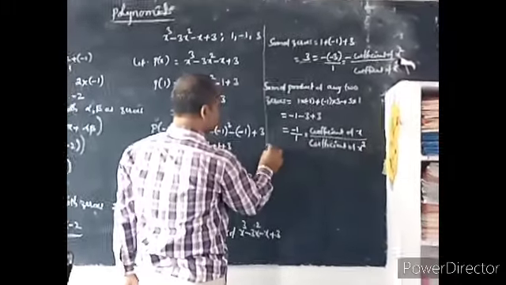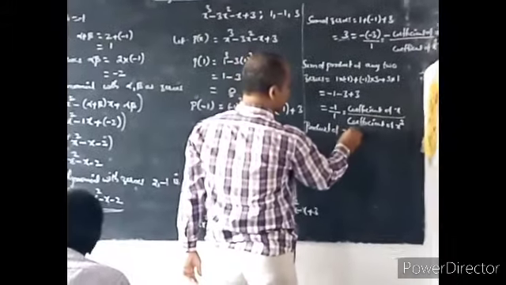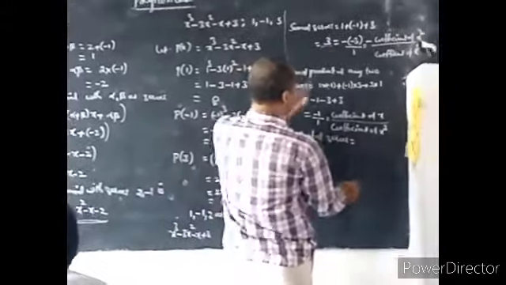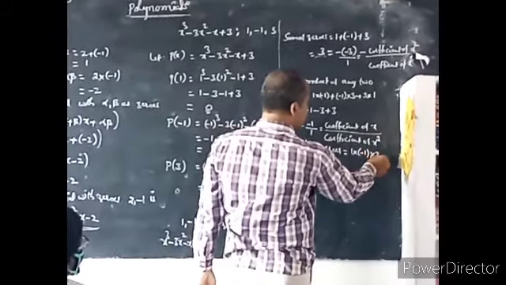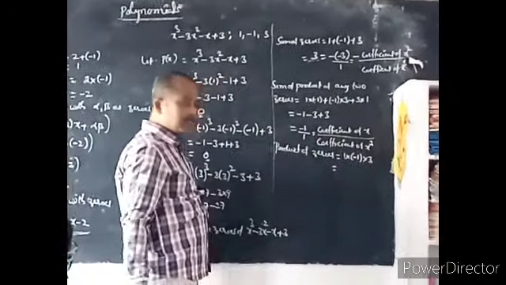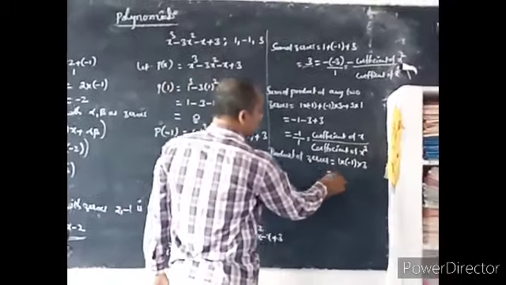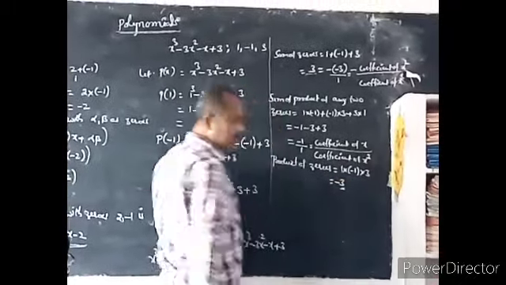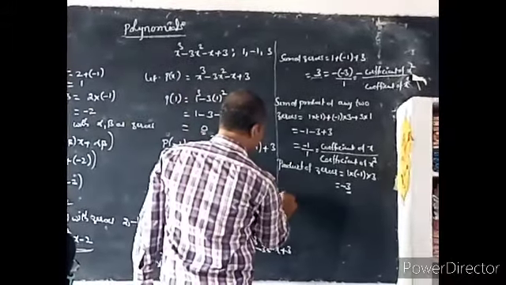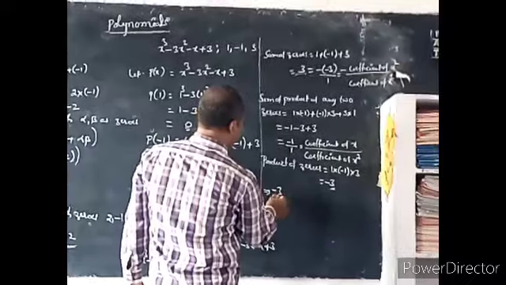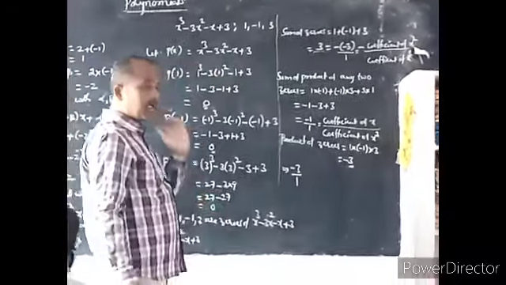Next, product of zeros, that is 1 into minus 1 into 3. 1 into minus 1, minus 1. Minus 1 into 3 is minus 3. Now minus 3 is what? That is nothing but minus 3 by 1.